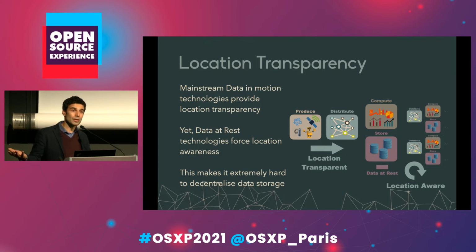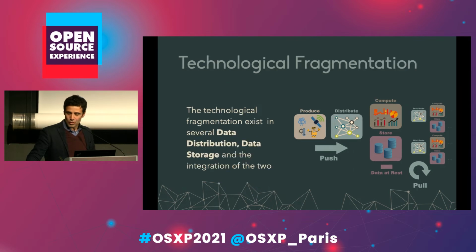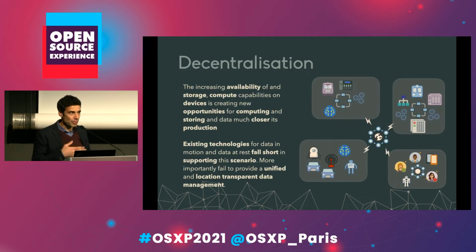Because I have no location transparency. Solving that problem, which we've been struggling with for years, is done by duct taping or bricolage, if we use some French. And as I mentioned before, with decentralization, the situation gets very complicated.